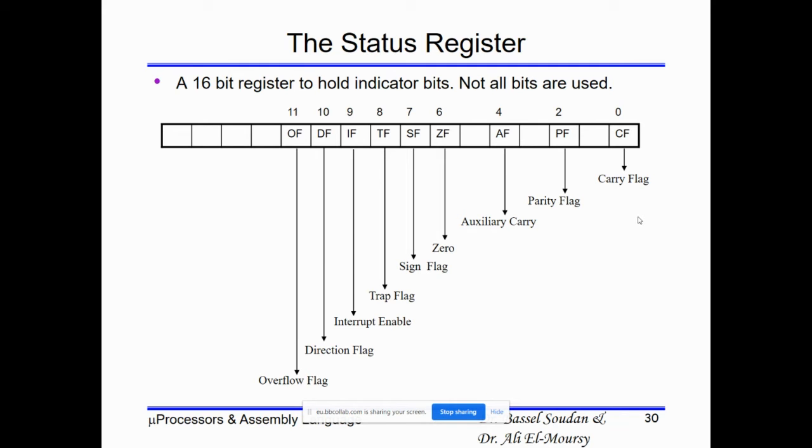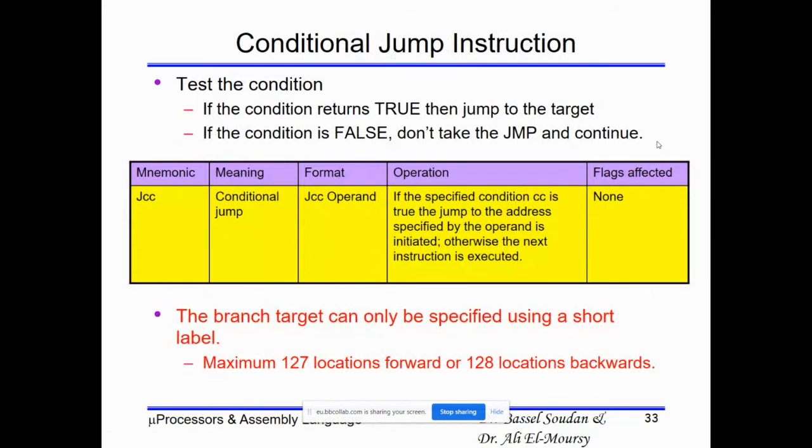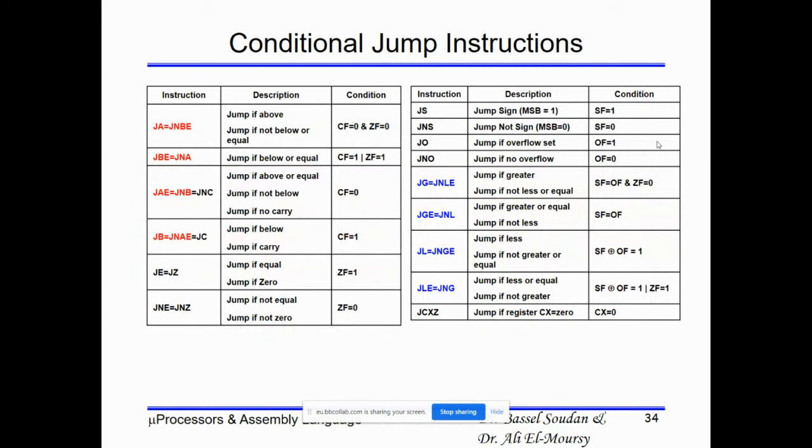However, the condition could be different things. The condition could be either the direct value of one of those flags, or a combination between those 4 flags. So here we are checking 4 flags. Those 4 flags are all that we care about for the conditional jump: the carry flag, the zero flag, the sign flag, and the overflow flag.